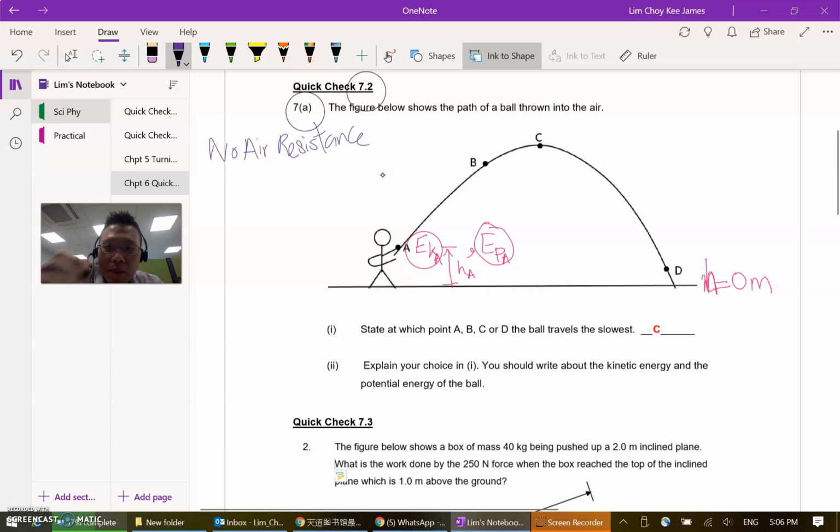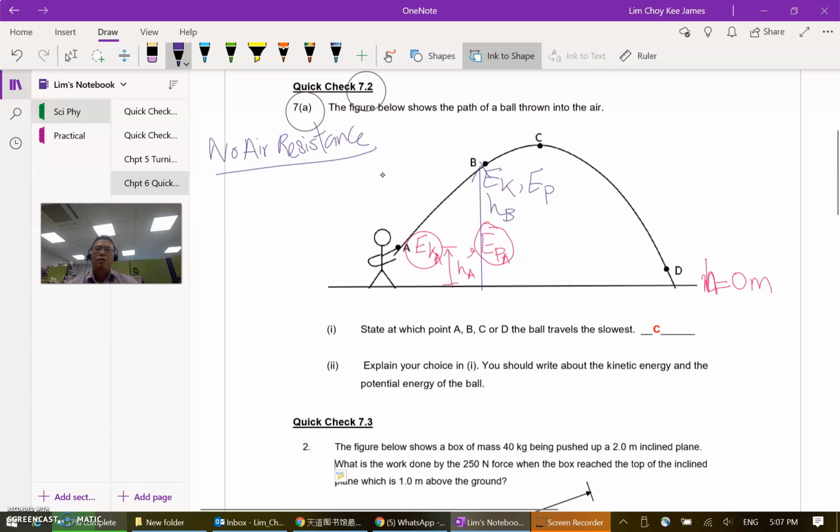So at point B, what we are looking out for is the same thing. I have EK of a certain amount, and I also have EP of a certain amount. In this case, EP is due to the height at this instance, which I will give as HB. So for point A and point B, the energy available is kinetic energy and potential energy.